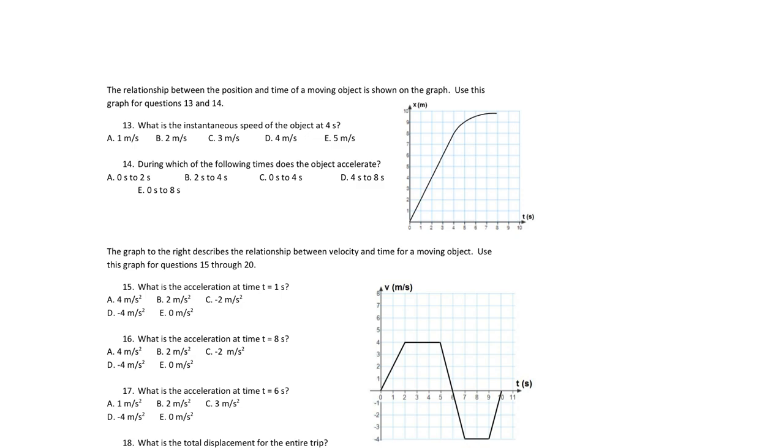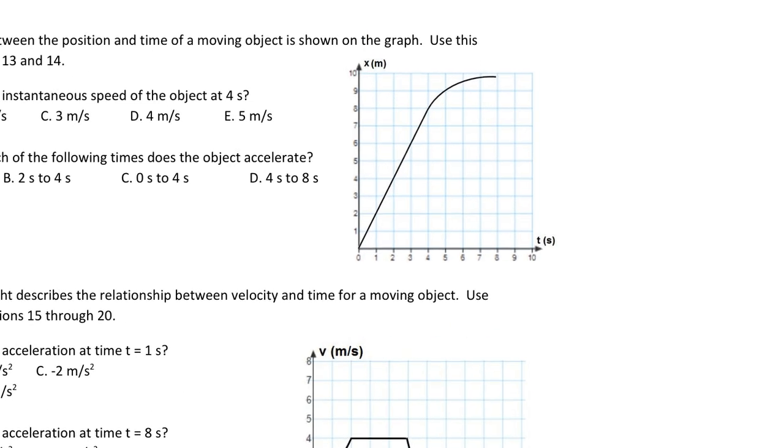What's the instant speed at the 4-second mark? Now, because it starts at 0, you could do 8 divided by 4, but what I would do is just find the slope of the line that it's part of. So it looks like 8 divided by 4, which is 2 meters per second.